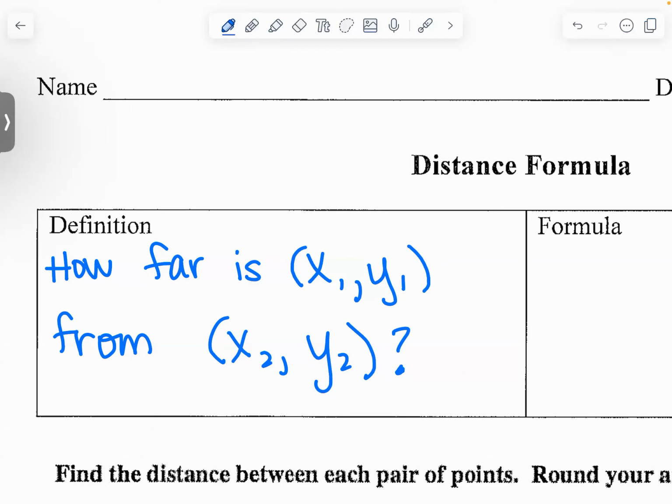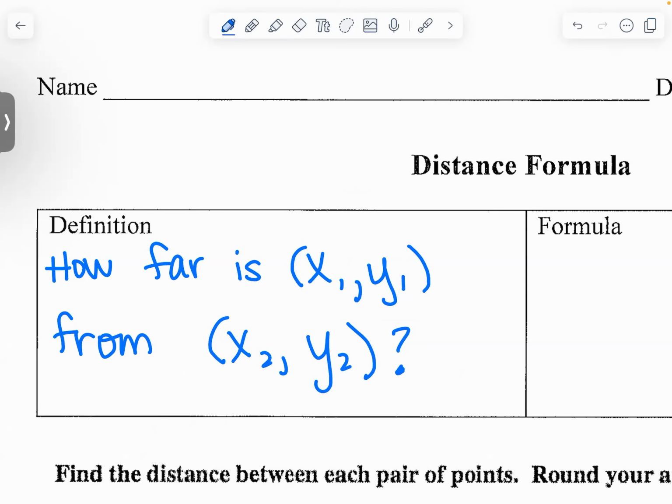These are cute little 1s saying that this is the first coordinate. These are cute little 2s saying this is the second coordinate. They're just small numbers called subscripts telling us this is the first, this is the second.